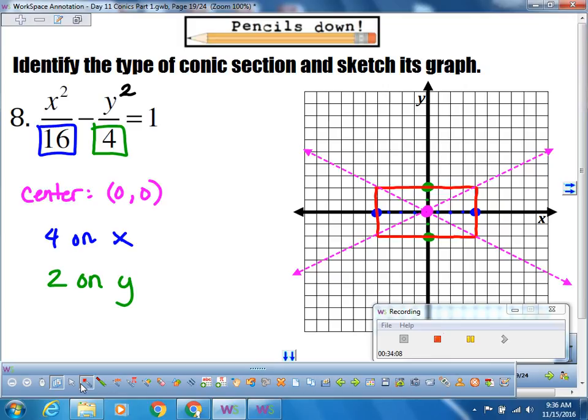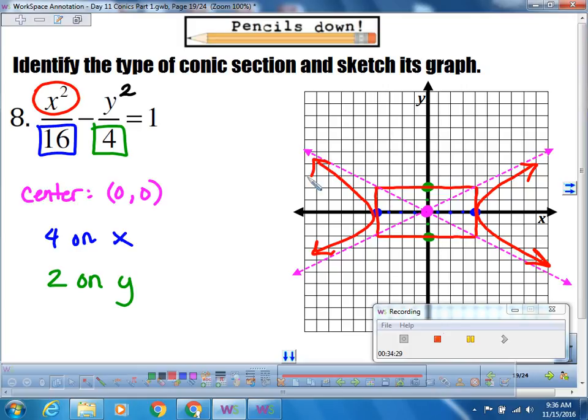The x, because I've got x in front. So my branches are right here. These are my favorite to draw. I think they're so fun. Okay, most of you got that right. So you've got your homework in front of you. Get to it. Oh, we were going to go back to this one.